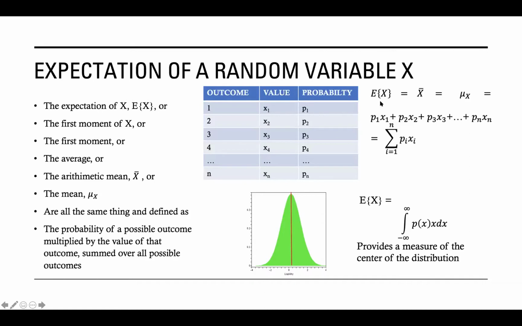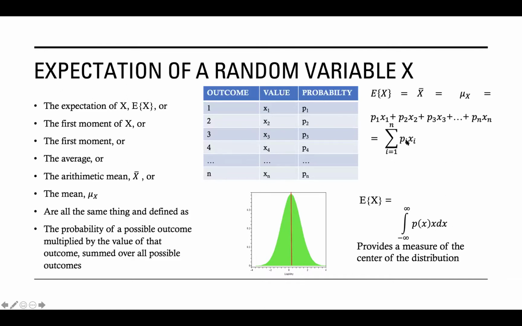So p1 times x1, plus the probability it's in outcome 2 times x2, plus the probability it is in outcome 3 times x3, all the way up to the probability it is in outcome n times xn. And so that sum, p1x1 plus p2x2 plus and so on, is the expectation of x.